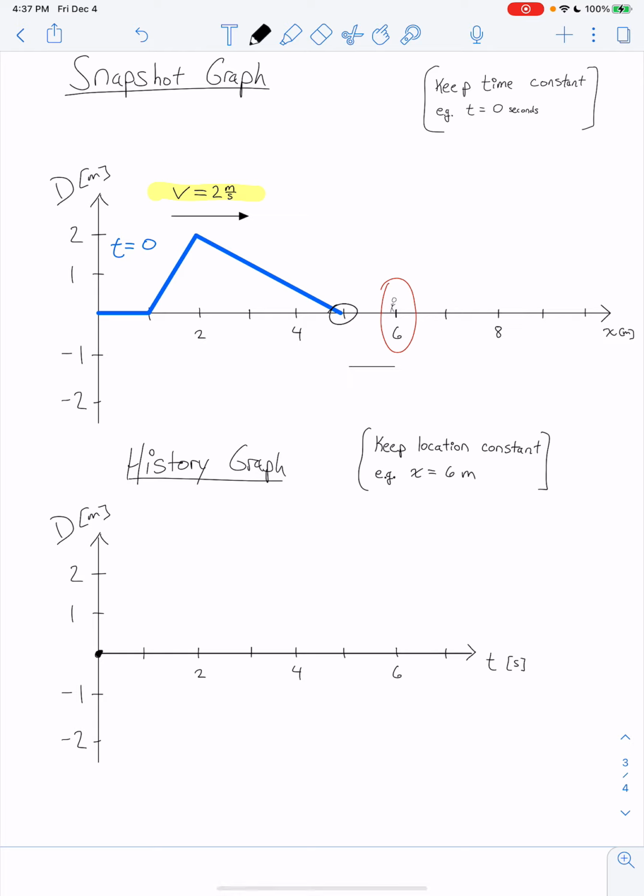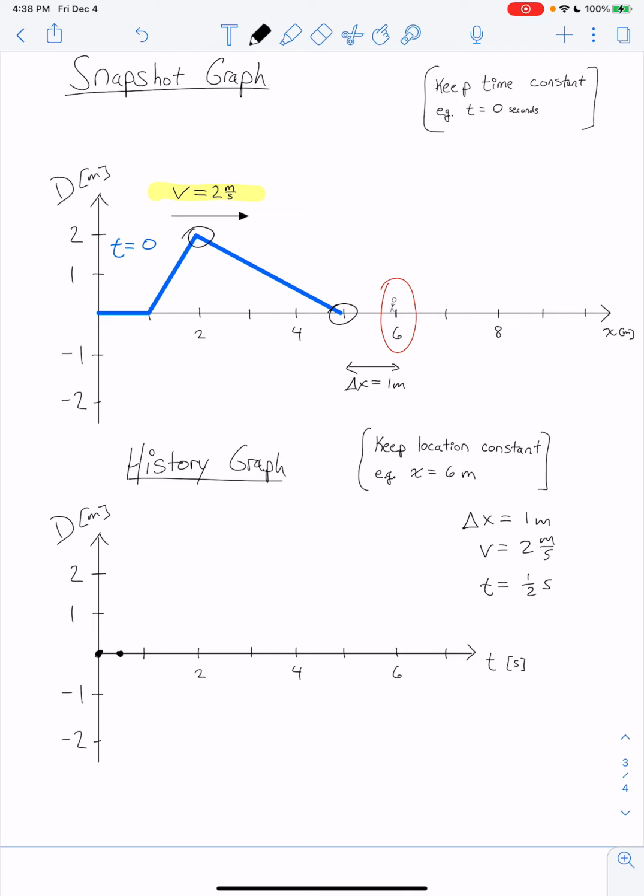Here's our distance away: delta x is equal to 1 meter. If it's 1 meter away, traveling at 2 meters per second, how long does it take to get there? 1/2 seconds. So at half a second, the wave will arrive. That's the front of the wave.